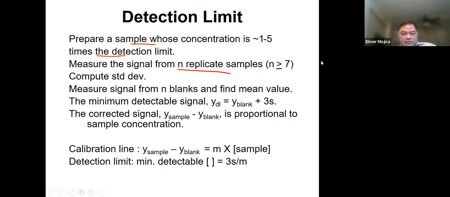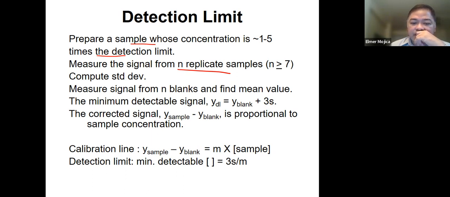Okay, thank you. Okay. So once you have this, you can have the minimum detection signal as y of detection limit equals to the y blank plus 3 times the s, which is your standard deviation.